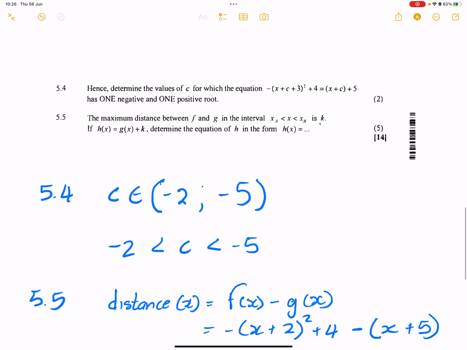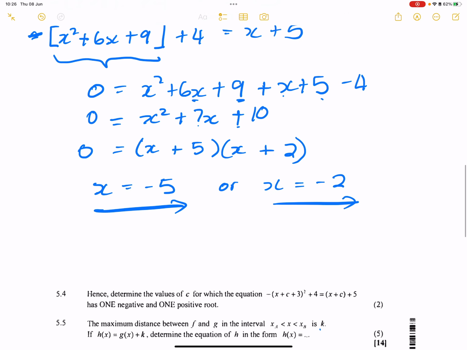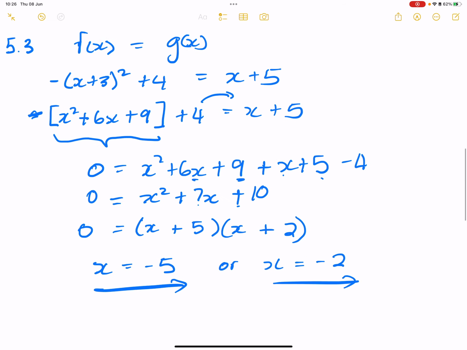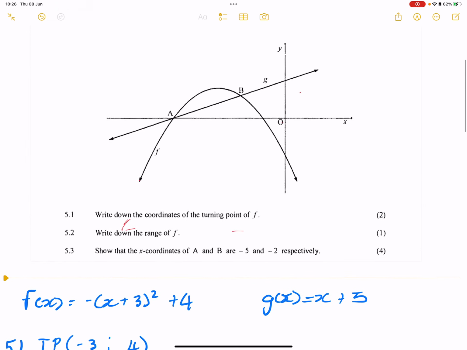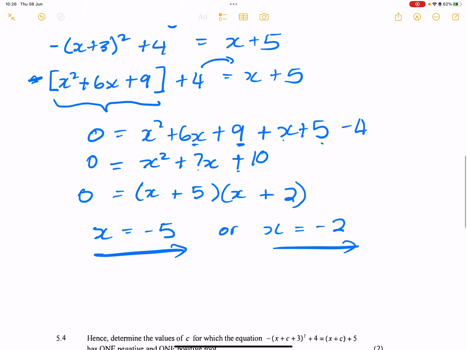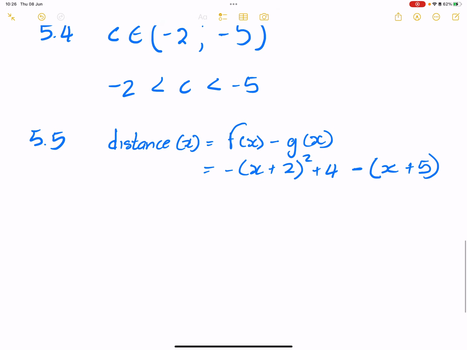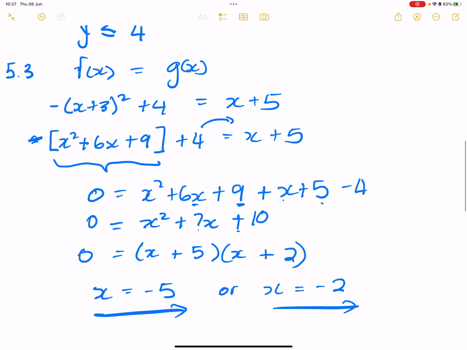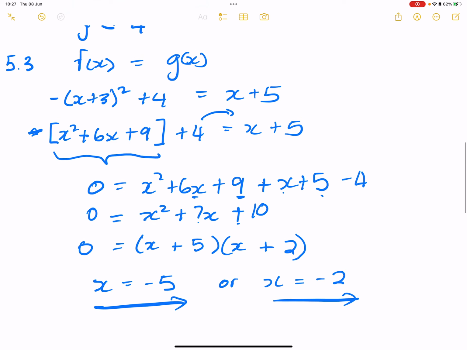Okay, so that's our straight line. Please remember that that is what we did there. So we took the parabola minus the straight line to find that distance formula. Right, so what we're going to do is try to work it out there. I think, did we not find something between those two?